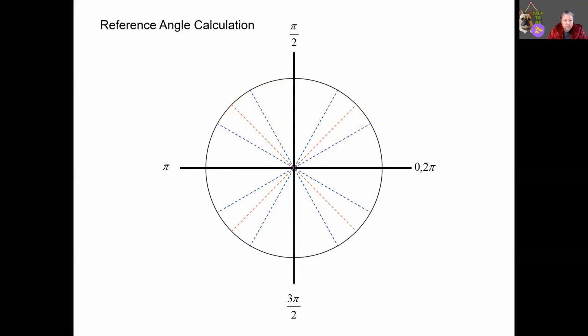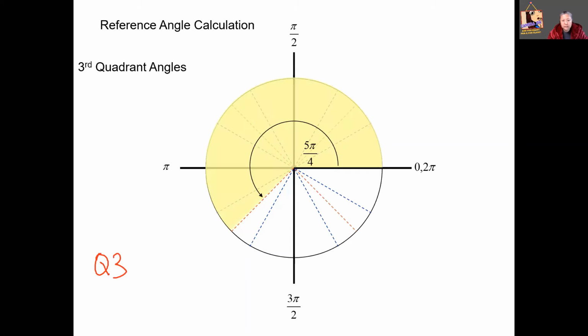Then if your given angle is in quadrant 3, this is quadrant 3 here, which angle should we use as an example? Let's say 5 pi over 4. How do we know pi over 4 here? Look, pi over 4 is nothing but dividing pi into 4 even pieces.